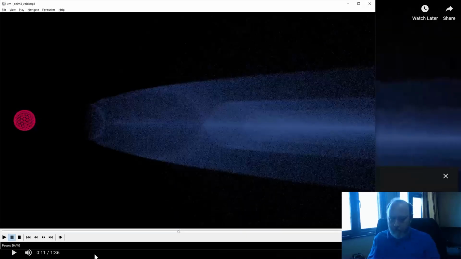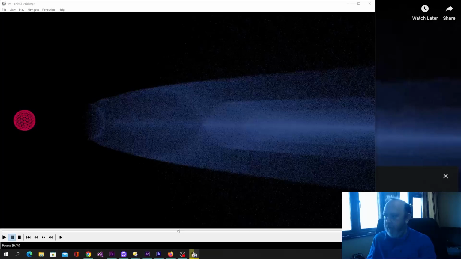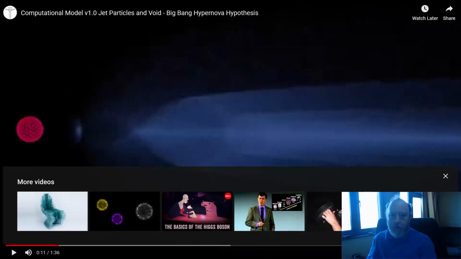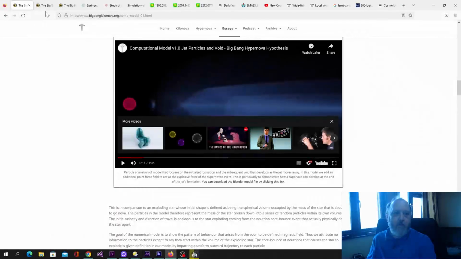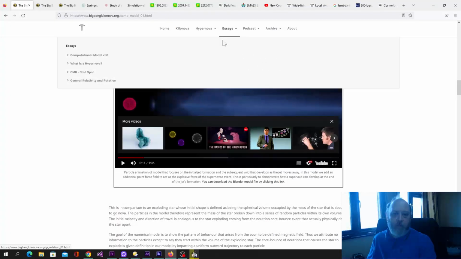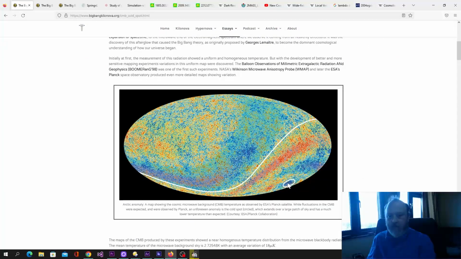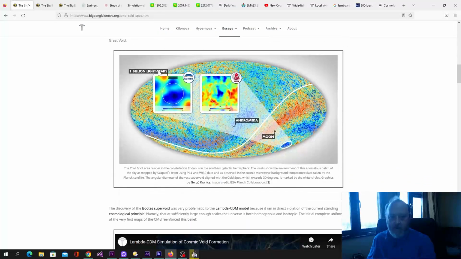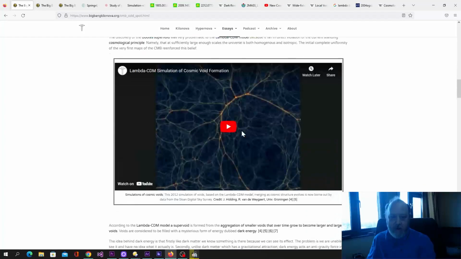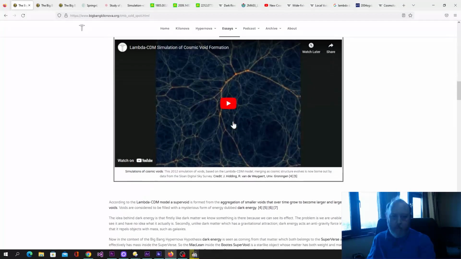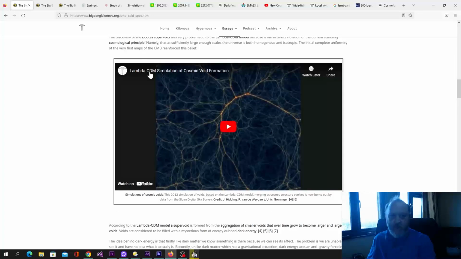So just so you know, Excel, for my explanation of the CMB cold spot, i.e. this point here, the Eridanus supervoid, you see here and here, versus the Lambda CDM simulation of how voids form.